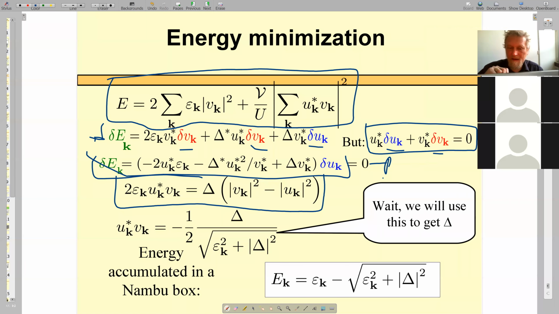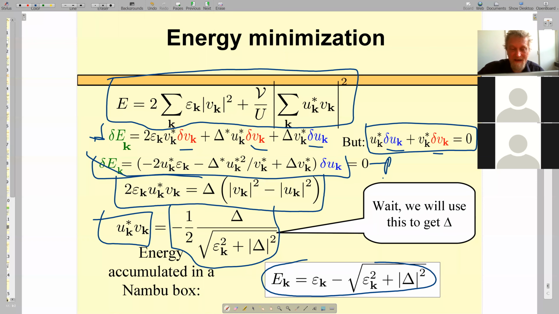And look, we got this expression for u's and v's in terms of delta. Yeah, but we don't know delta. What is the use of it? All right, with this we can also compute the energy which is accumulated in each number box.